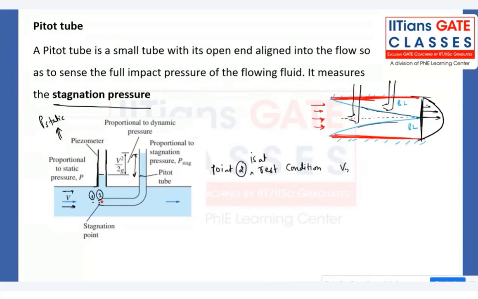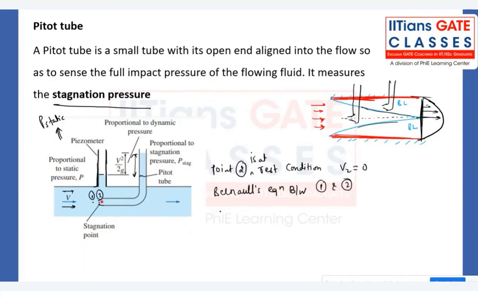That means the velocity at point number 2 will be 0, and we are applying the Bernoulli equation between 1 and 2. So we can apply the Bernoulli equation. There is no problem in that.